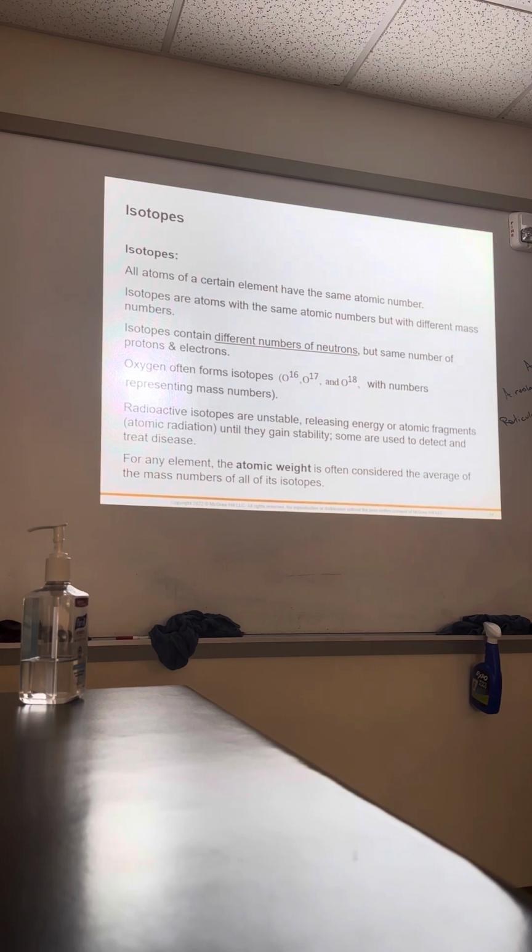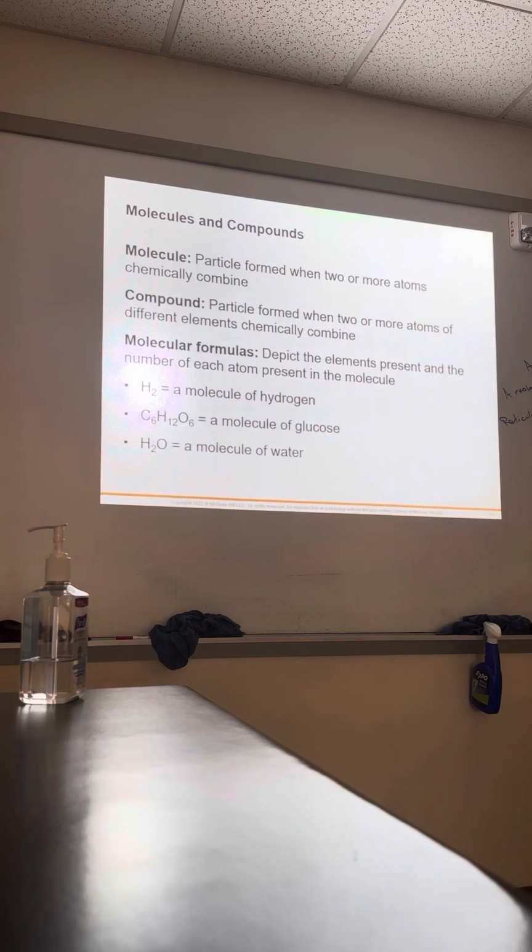Be able to interpret the contents of a molecule by looking at the chemical formula. Ooh. Okay, so looking at the chemical formula, knowing what's in it. So an example here would be like this. These are molecular formulas.